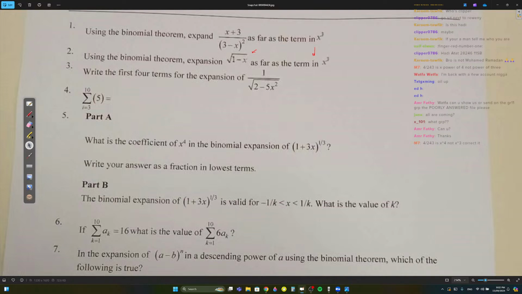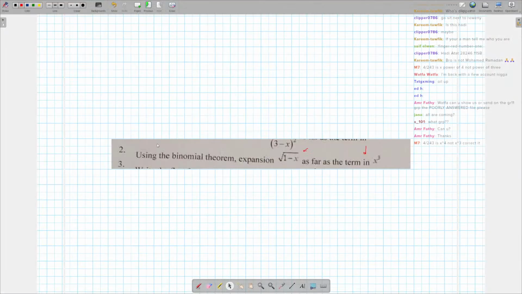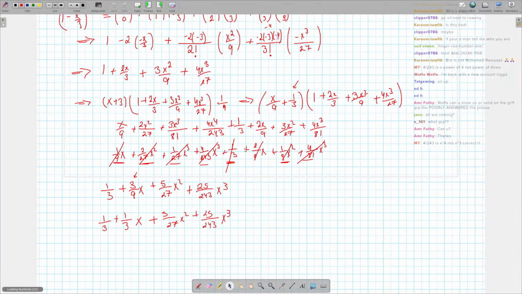4 over 243 is x to the power 4, not x cubed. Corrected. Yes, correct. My fault. So it's 4x to the power of 4 over 81.